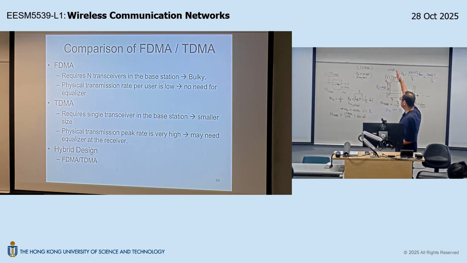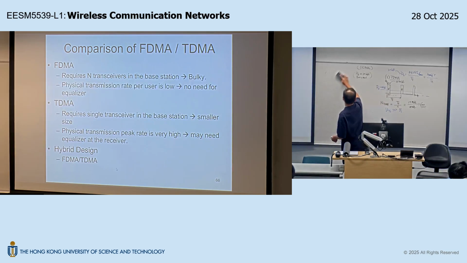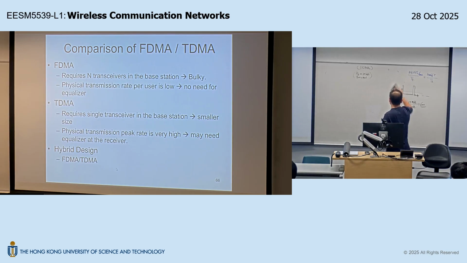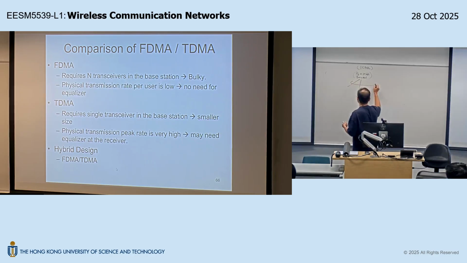They do not partition the resource directly using TDMA because otherwise you have a very complex equalization problem. So instead, what they do is they first partition using FDMA into something called carriers.